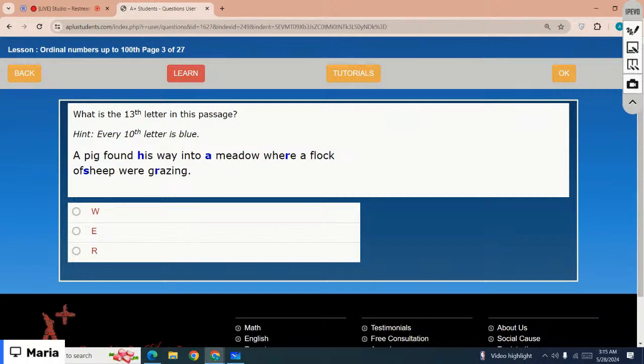What is the 13th letter in the passage? Which is the correct option? The correct option is W. W is the 13th letter. Option number one is the correct option.